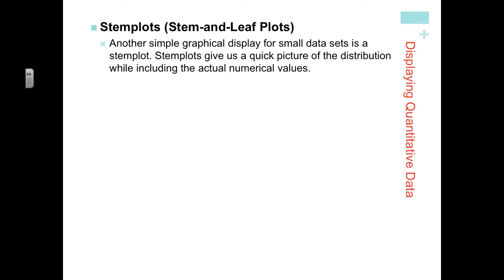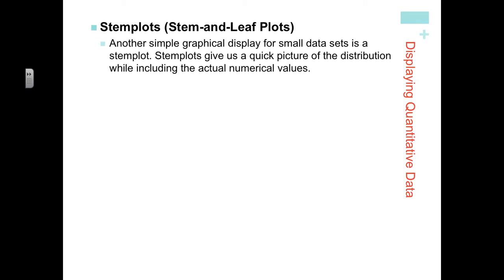Okay, so stem plots do pretty much the same thing that your dot plots do. They give us a real quick picture of what the shape of a distribution would be. They're also going to include the actual numerical values in the graph, which is interesting, and that dot plots don't do.